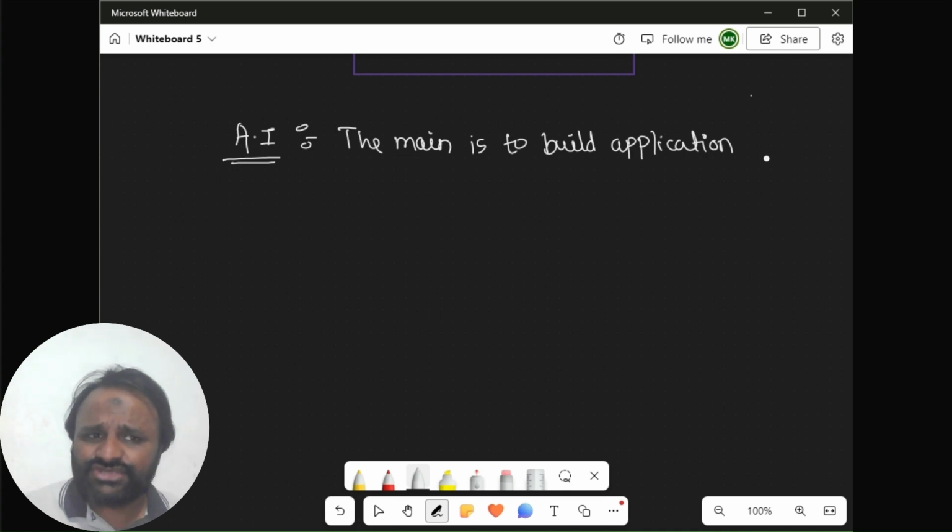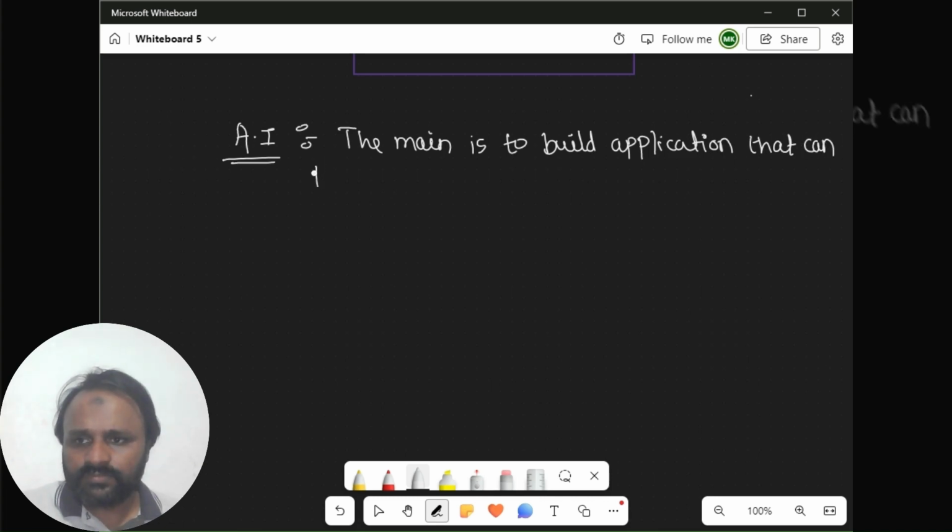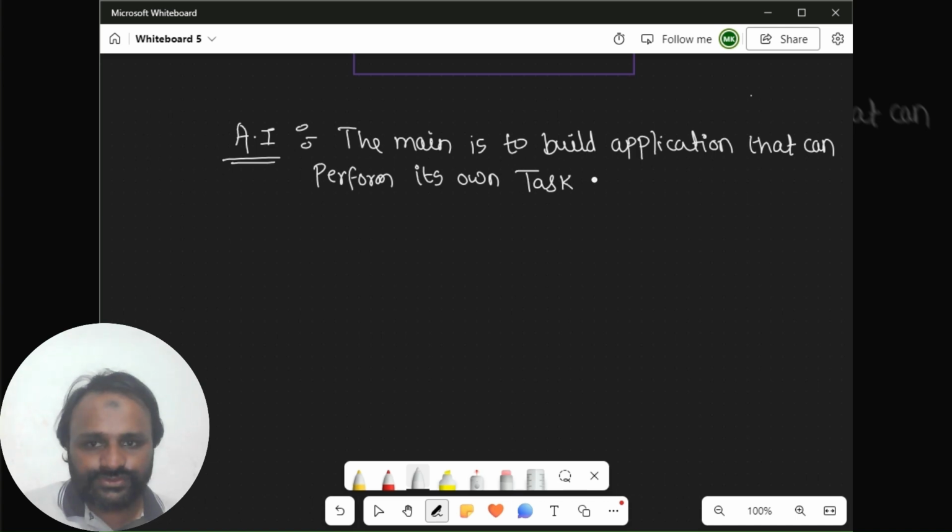What kind of application is going to be built? One that can perform its own task without human disturbance or intervention.